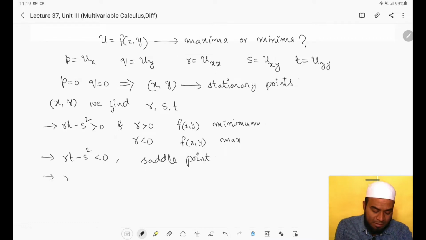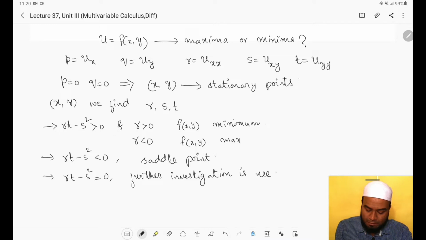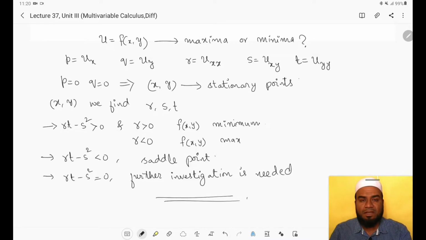And if rt minus s square is equal to 0, then we cannot give any conclusion about maximum and minimum. So further investigation is needed.